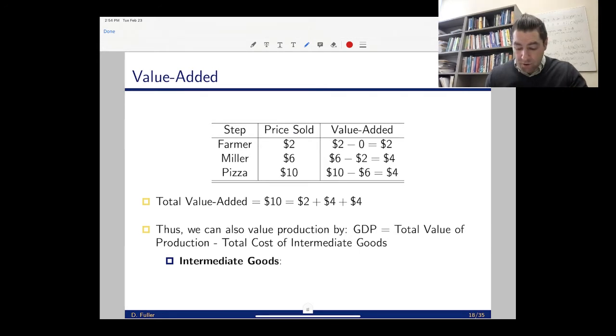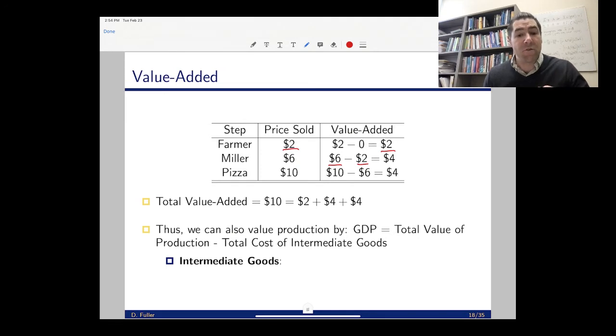So for the farmer, they sell the wheat for $2. I'm assuming they had no intermediate goods that they purchased. And so their total value added is $2, right? The miller produces something worth $6, but it costs them $2 in inputs to make it.